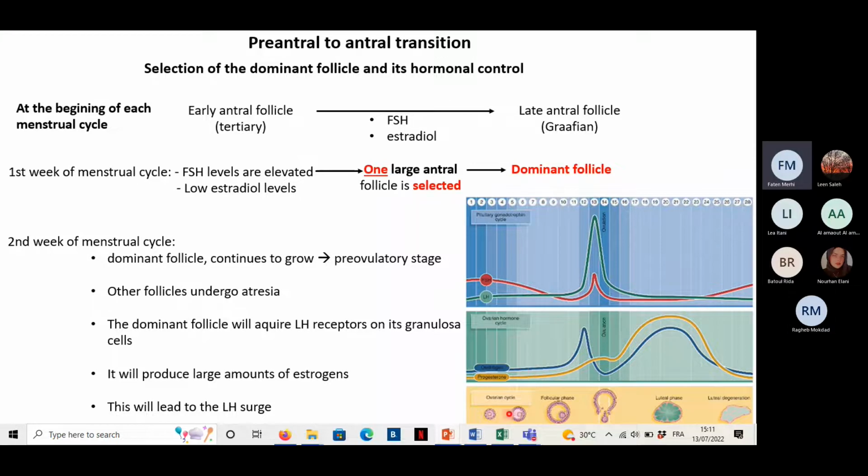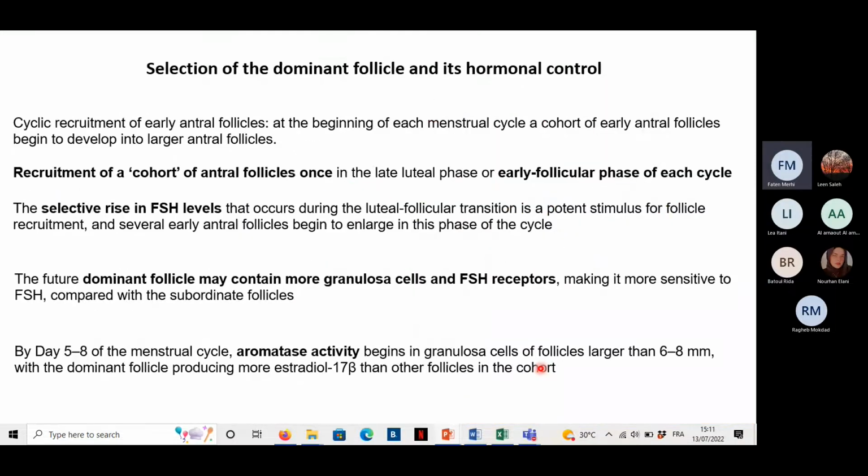So those antral follicles under the action of FSH will start having an active aromatase between days 5 and 8 and can start to produce estrogen. Okay, and thus starting from now we can start having an increase of the estrogen levels. And in this first phase, after day 5 and before the peak of estrogen, we have low levels of estrogen that will lead to a decrease in the FSH levels.